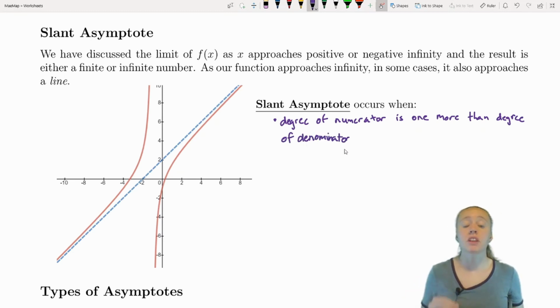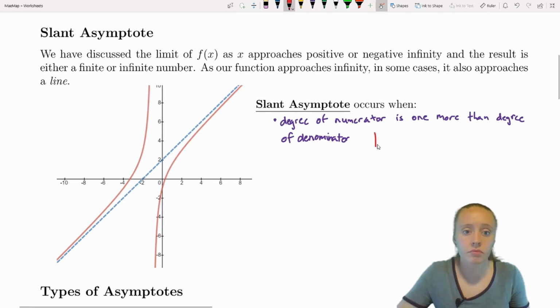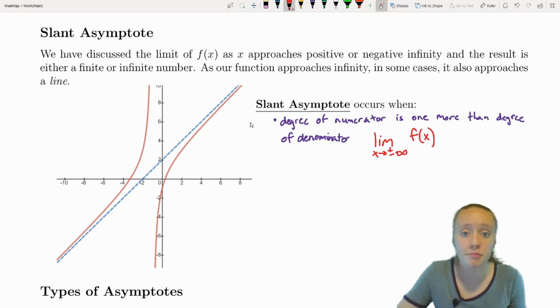So again, that's when the largest degree of the numerator is 1 more than the largest degree of the denominator. So the limit as x approaches either positive or negative infinity of our function, assuming that it's a rational function where the degrees match this statement, is that we're going to approach some mx plus b. We're going to approach some line as x goes towards infinity.